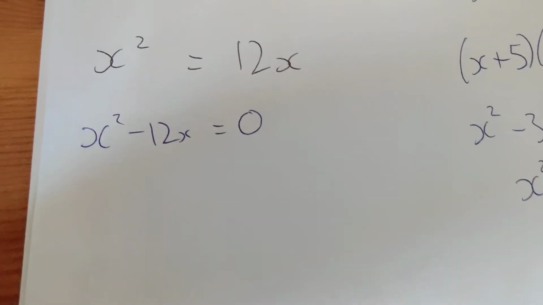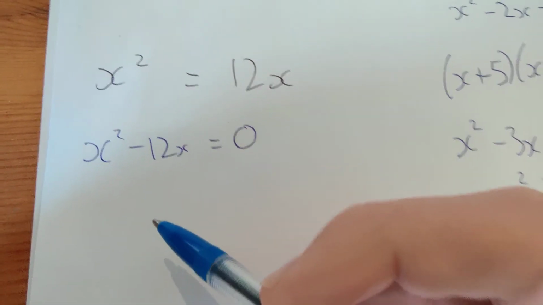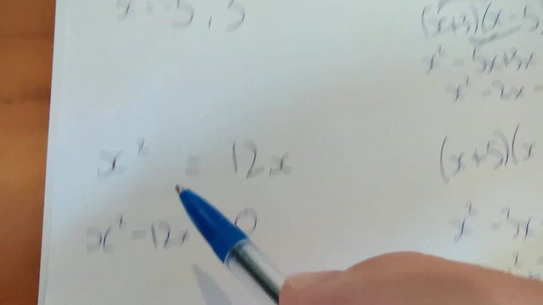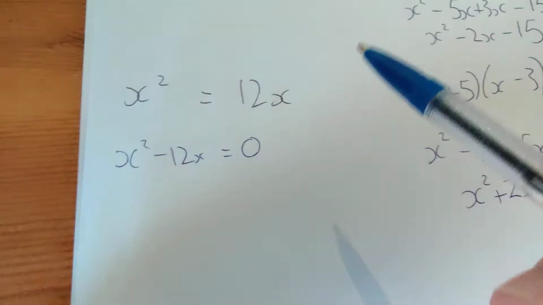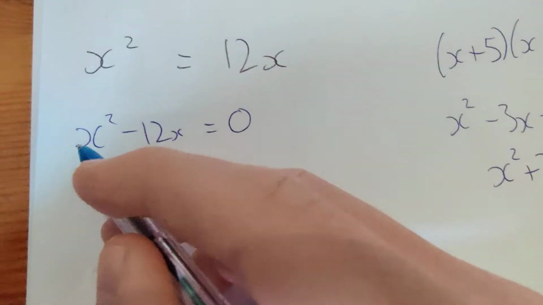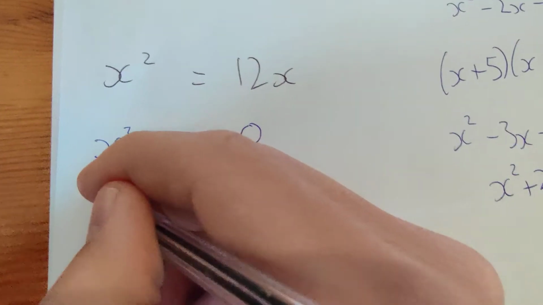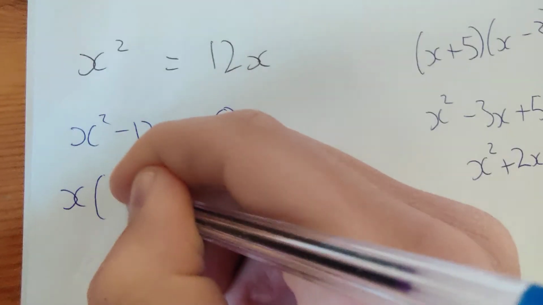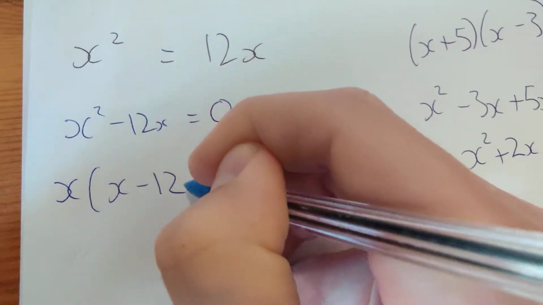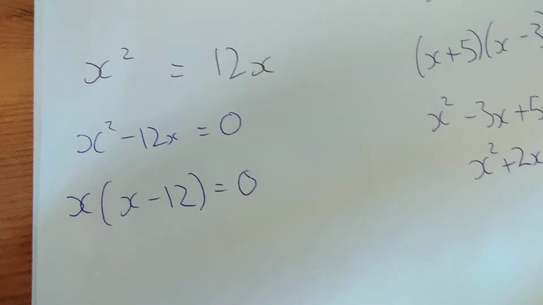Slightly strange one. This doesn't come up too much, but it can come up. It's not actually going to be a double brackets one, because for a double brackets one, I need the x squared and the number. This isn't going to be a double brackets one. They've both got a factor of x. So to factorize it, I can just make it x bracket x minus 12, because x goes into both bits.